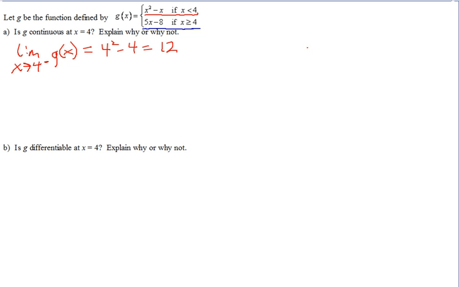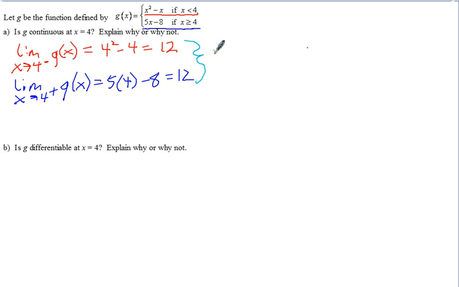And now let's compare that to the limit as x approaches 4 from the right of g of x, the original function. We substitute in 4 for x in that piece. That's 5 times 4 minus 8. That's 20 minus 8 is 12. So because they're the same on the left and the right, and the y value equals that too because of the equal sign on one of them, in this case the bottom one, that tells us the answer is yes.